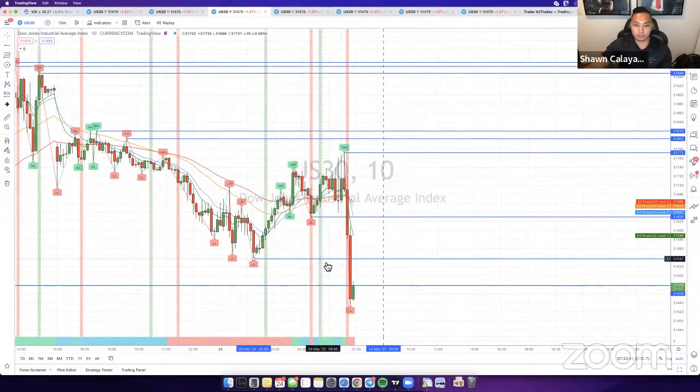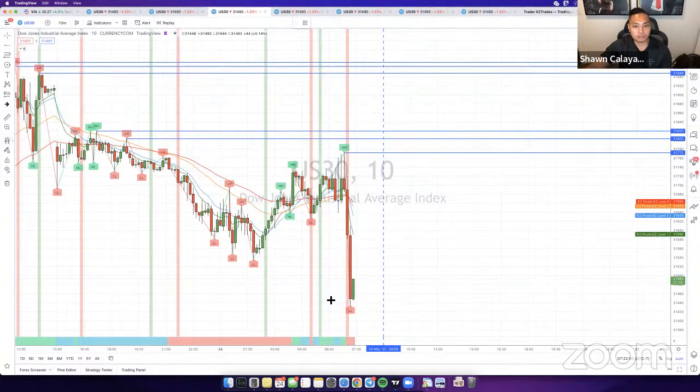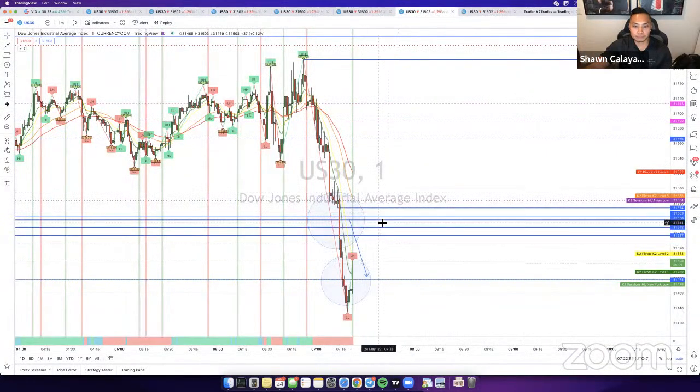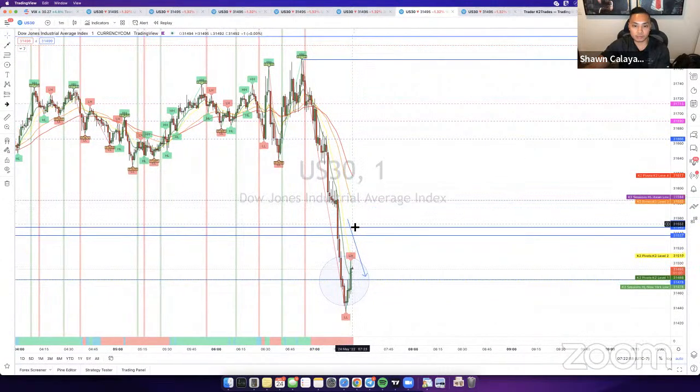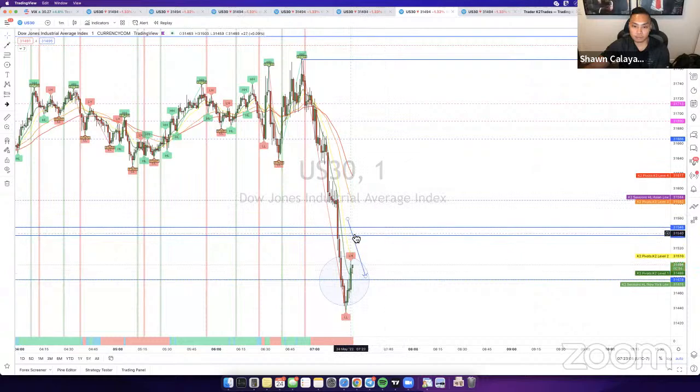Nothing off this 10. I'm going to go ahead and just clean this up a little bit because this has already been hit. So this stuff is done right there. Going back to the 1 minute, I'm going to clean this up as well because all of this liquidity has already been hit. So let's clean this up right here.